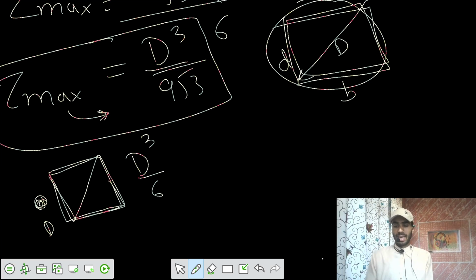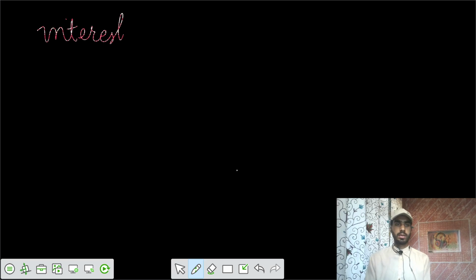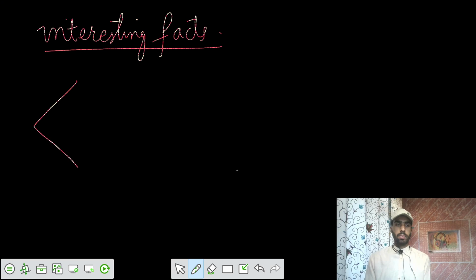So let's write some interesting facts. Let's say you have a beam of that diamond section. So this is the neutral axis. Let's say the section modulus is Z of this beam of diamond section.